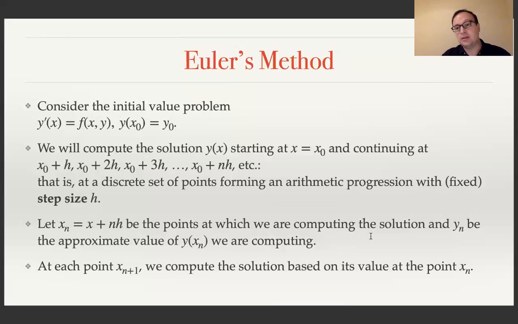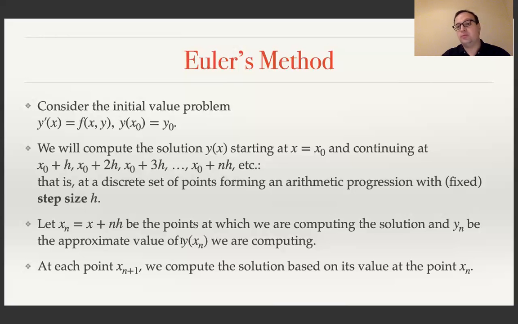Okay, and we'll denote by yn the approximate value of the solution y of xn that we will be computing at the point xn. So yn will be an approximation for the true value y of xn.